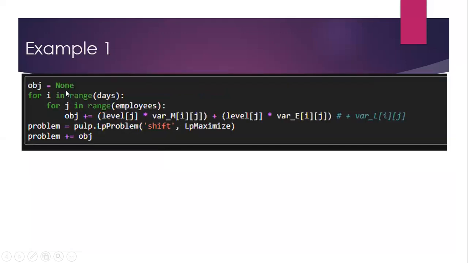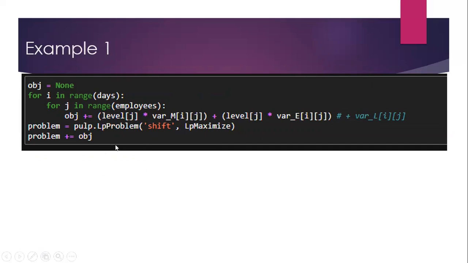So this is the objective function. The objective function is that we add up the employees in the morning shift and evening shift, and we maximize the number of workers which are on duty. So we want to minimize that they are off duty or on leave.